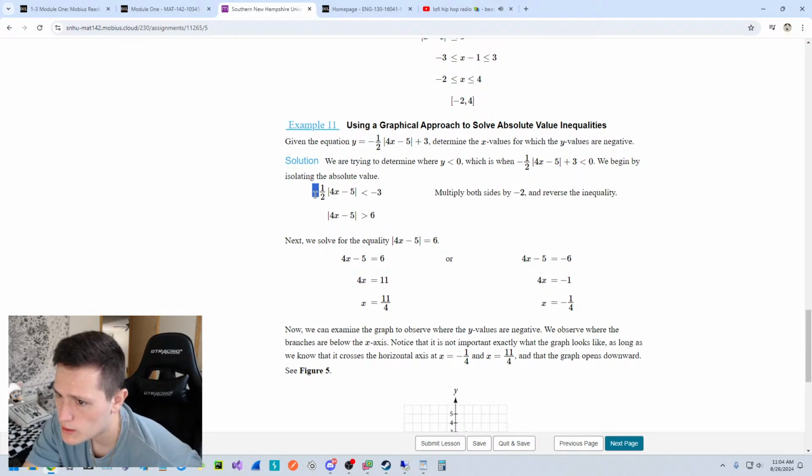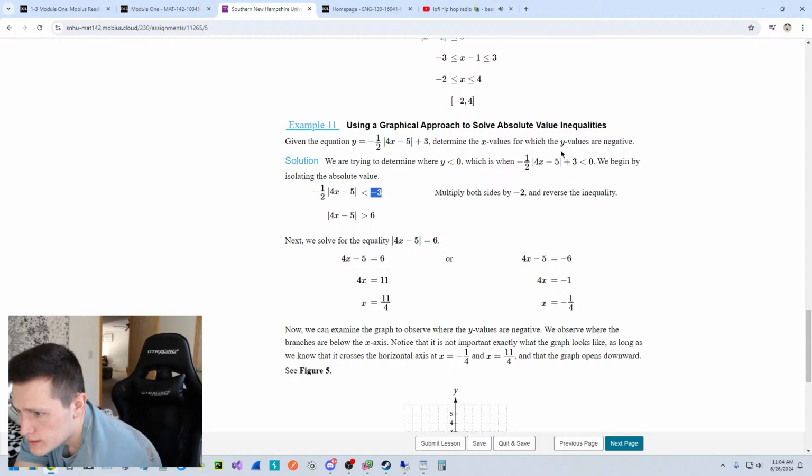This is what I'm getting confused about. Why is this 3 becoming a negative? And where does this go? This is disappearing completely, which doesn't make any sense.